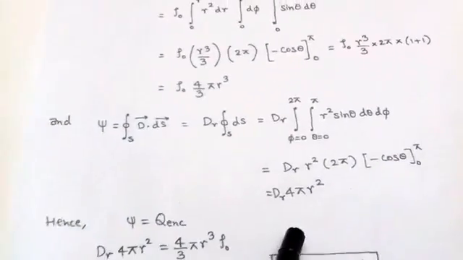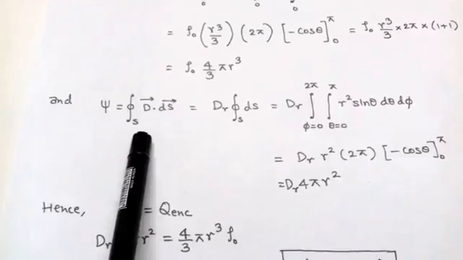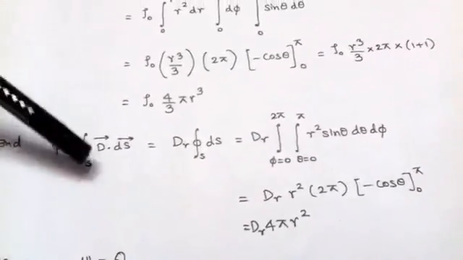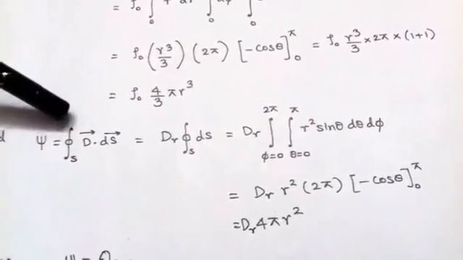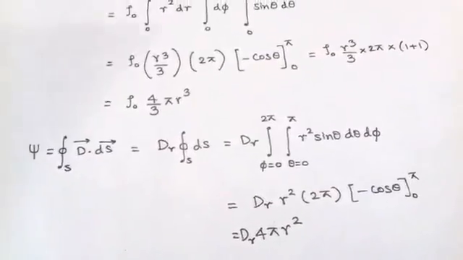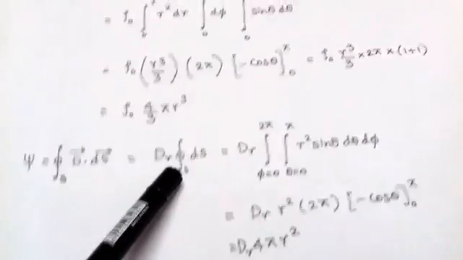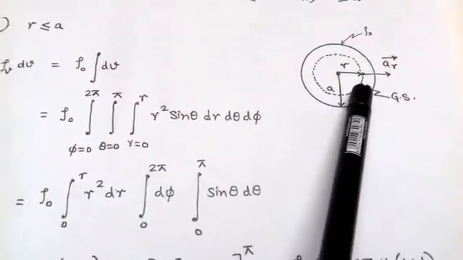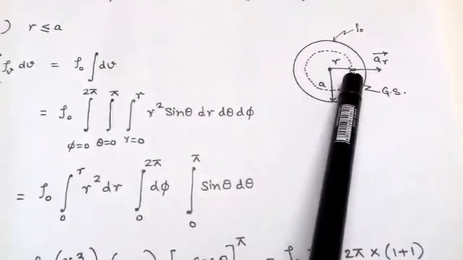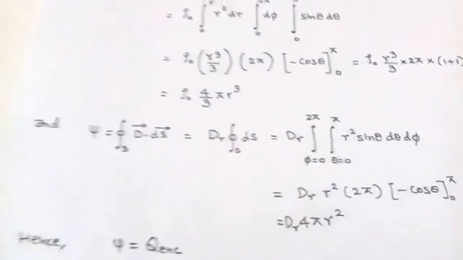Now to simplify Gauss's law, we take the total flux psi. The total flux psi equals the closed surface integration of D dot dS. Here the vector D has only an r component, and its direction is towards unit vector r, and at this point we consider a small differential surface whose direction is also in the direction of unit vector r.